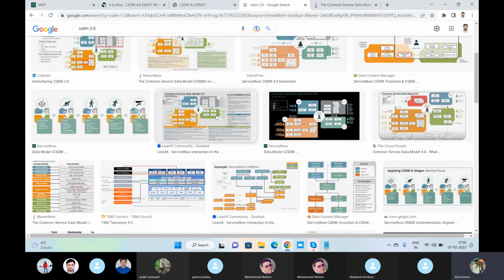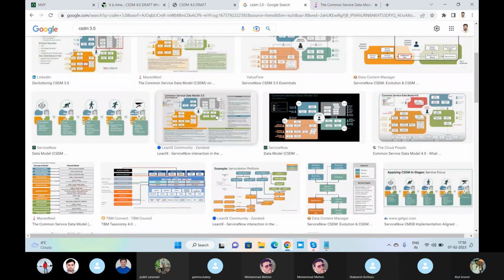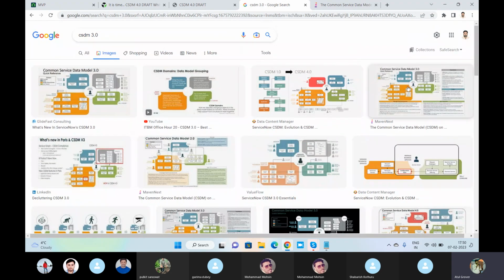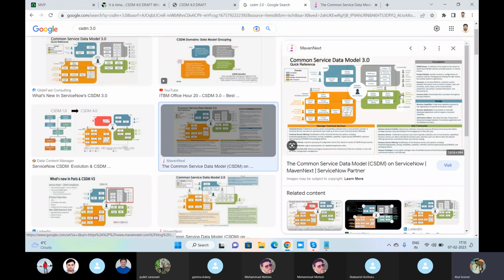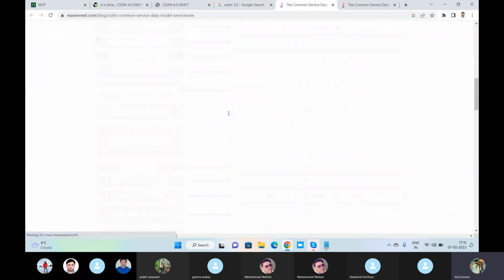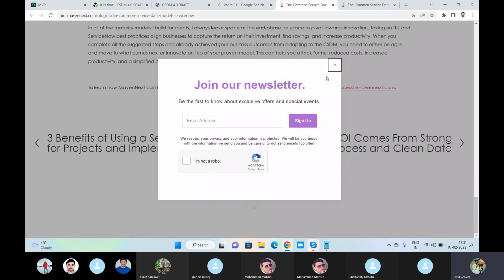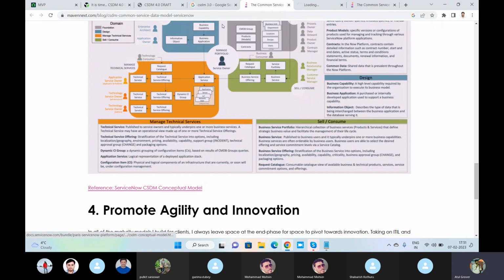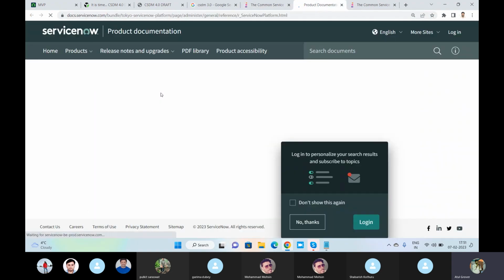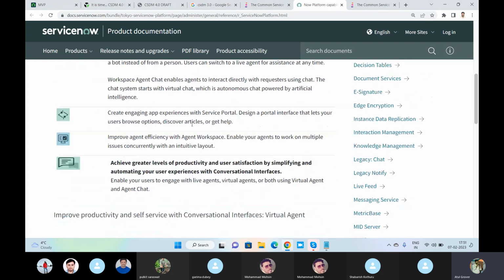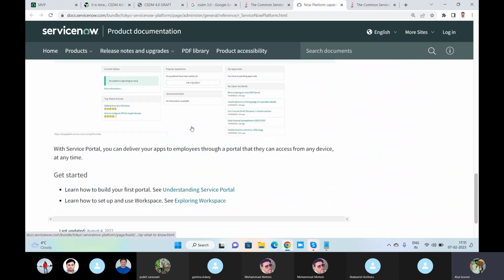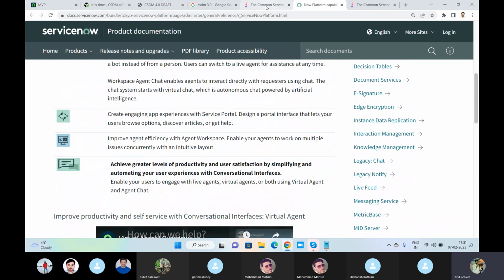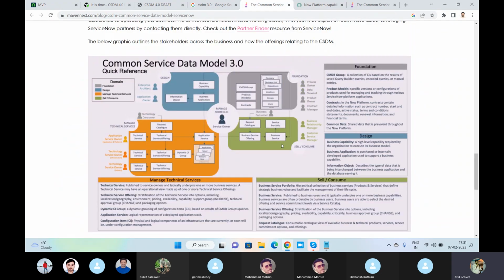Why it's not showing in the community link? Let's open the same thing. Again, they copy this thing from the ServiceNow products only. This is what I was looking for actually, exactly. They did not give the direct link. Good. Okay, this one. So we are on this particular phase.